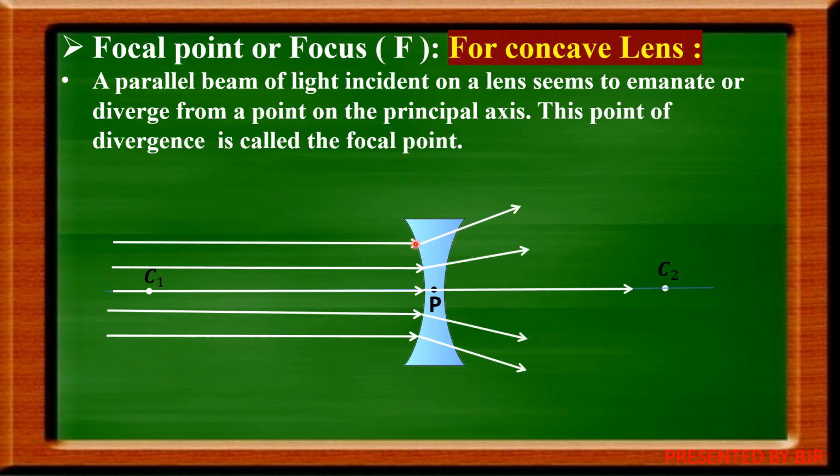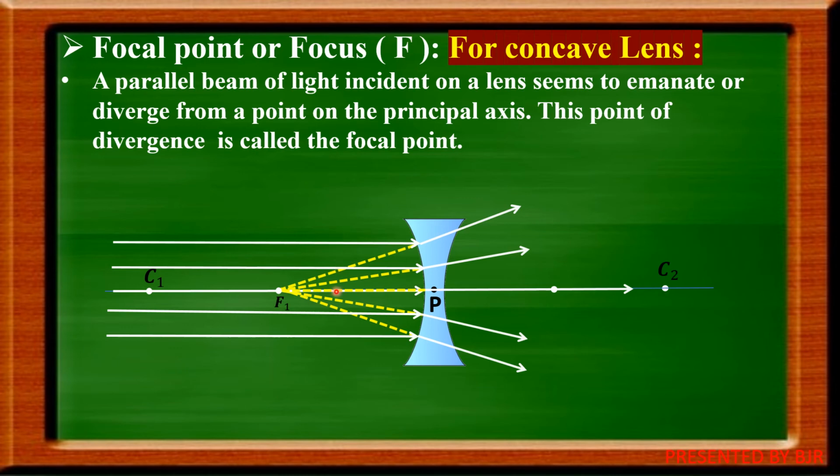Let us extend this ray backward, this ray backward, this ray backward. All their backward extensions meet at one point on the principal axis here. That means all these refracted rays seem to be diverging from this point. So this point is called the focal point or focus in case of a concave lens.